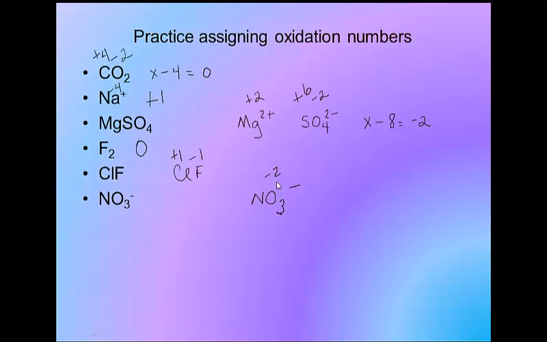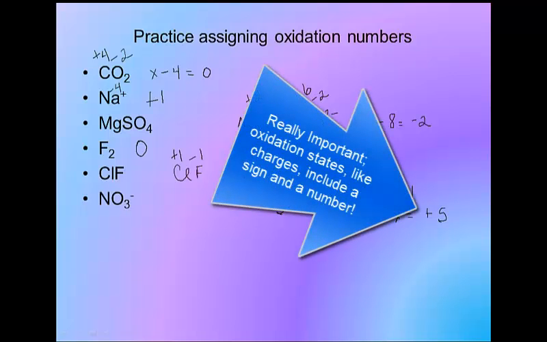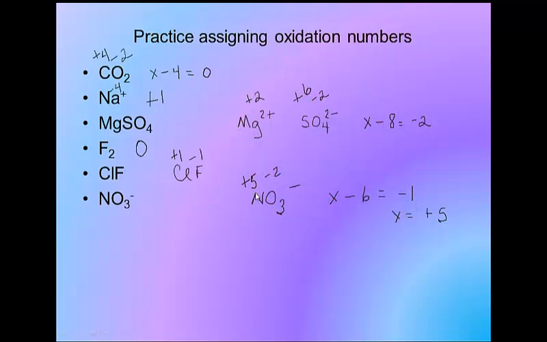There are 3 of them, so my nitrogen has to have an oxidation state that, when added to -6, will be equal to -1. That means my nitrogen has to have an oxidation state of a +5. And again, just bookkeeping. It's not its charge. That just is related to the number of electrons it might lose.